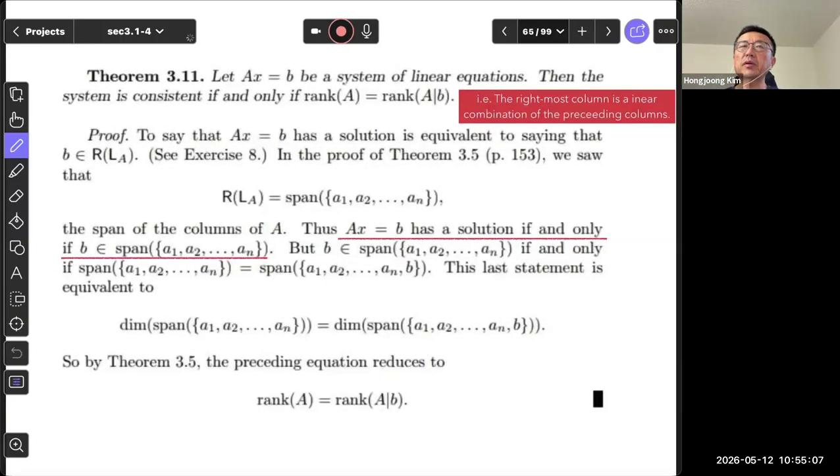Now, theorem 3.11 is quite interesting. So here, let's consider the AX equals B problem.